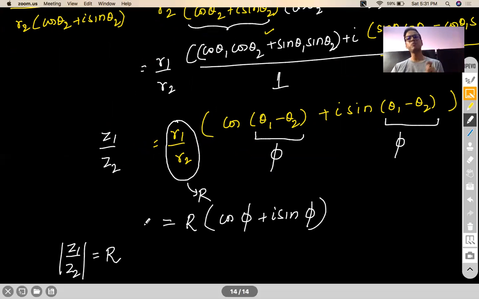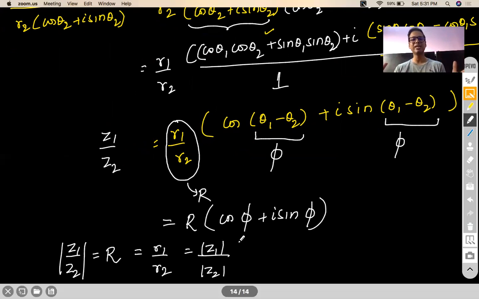That complex number's modulus is your capital R, and that is nothing but R1 by R2, and that is nothing but mod Z1 by mod Z2. A good information for us. So what we now understand is that when you are dividing one complex number by the other, you get an answer whose modulus is the ratio of the moduli of Z1 and Z2. One thing is clear from here.